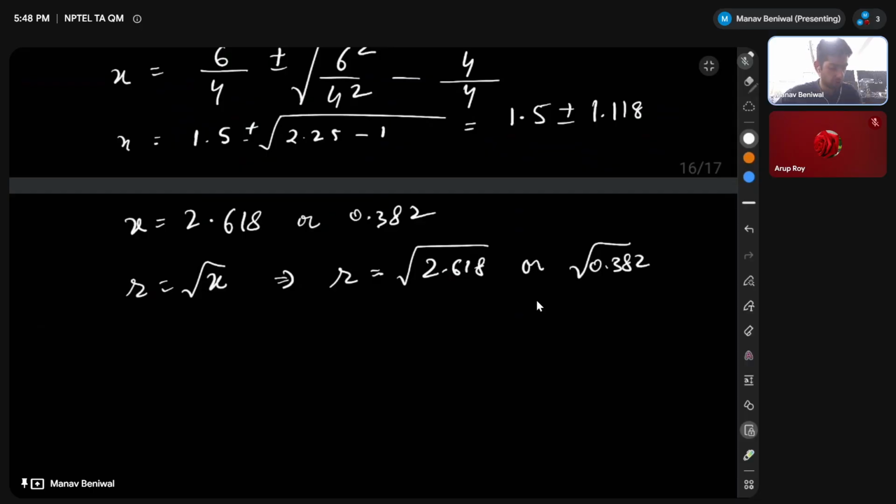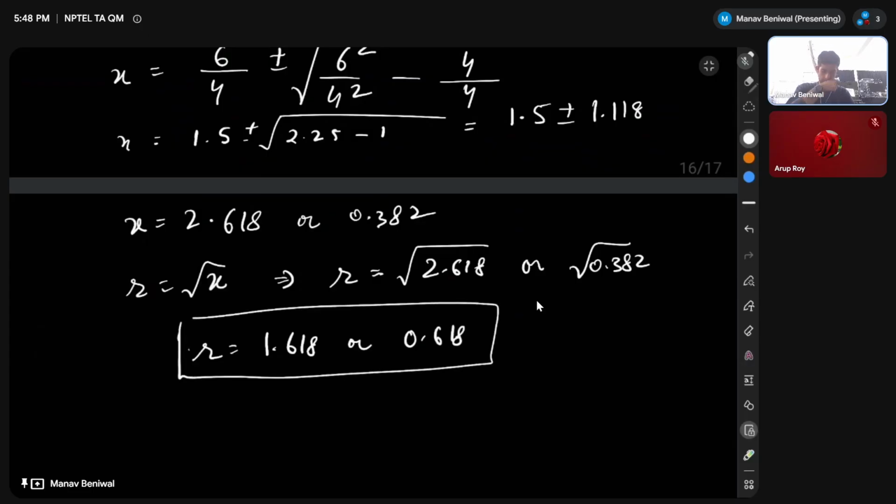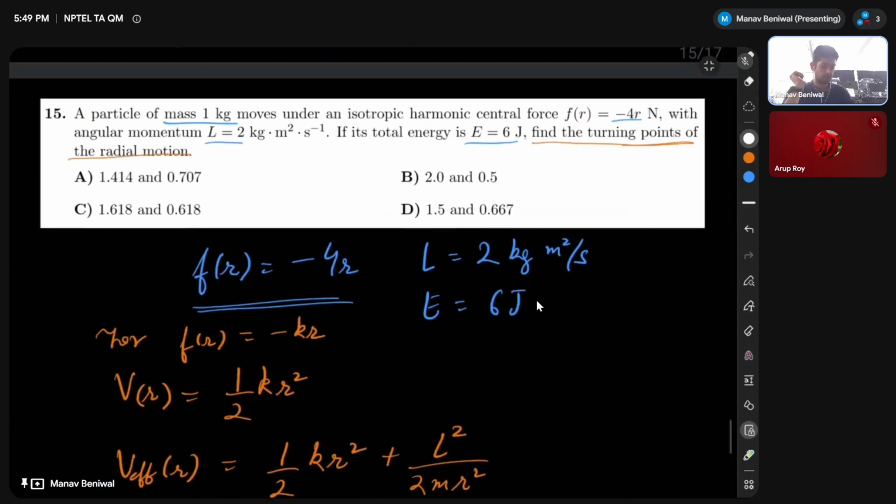If we calculate these roots, what you will find is that r is roughly 1.618 or 0.618. So we get these two values of r, roughly 1.6 and 0.6. Let's see if it matches with some answers. Yes, it matches with option C. So these are the turning points of our particle.